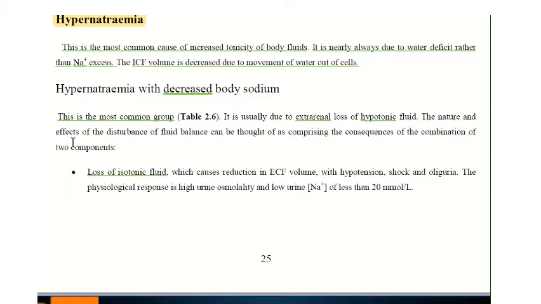The nature and effects of the disturbance of fluid balance can be thought of as comprising the consequences of the combination of two components: loss of isotonic fluid، وهذا causes reduction in extracellular fluid volume with hypotension, shock, and oliguria, where the physiological response is high urine osmolality and low urine sodium concentration of less than 20 millimole per liter.